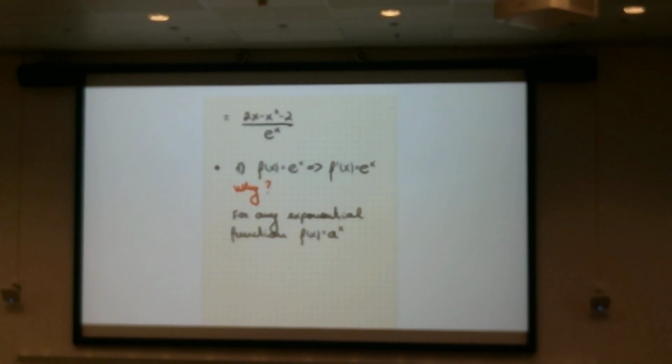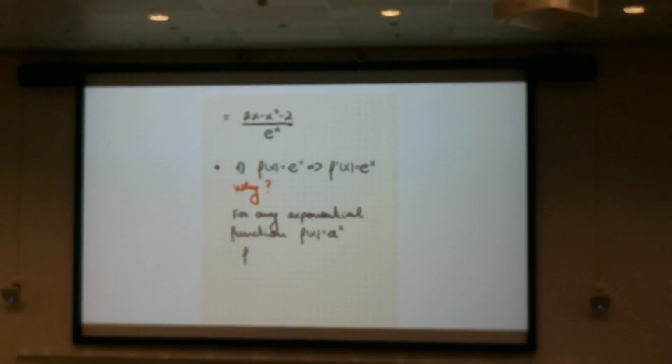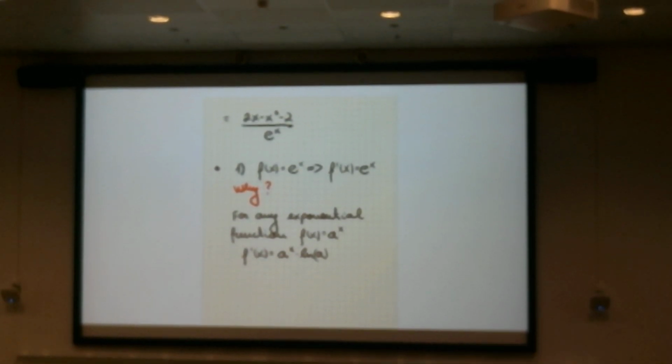So for any exponential function, the derivative is given by a to the power of x times natural logarithm of a. So had this been 5, let's say 5 to the x, then the derivative is 5 to the x times natural logarithm of 5. Right? So there's a little new rule for any exponential function.